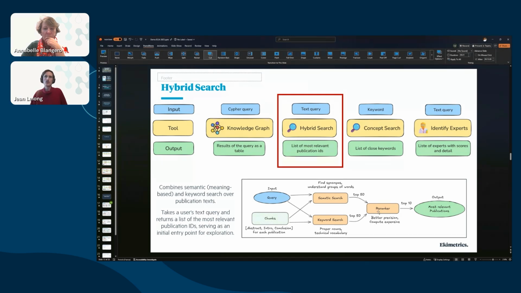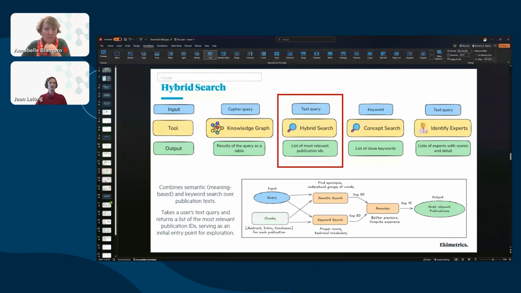And then we used a step of re-ranking to merge those two efficiently and have really the most relevant publications. So this is another tool the LLM agent has access to, to find an entry point and usually to use the ideas it will get at the end of this line to write Cypher code.